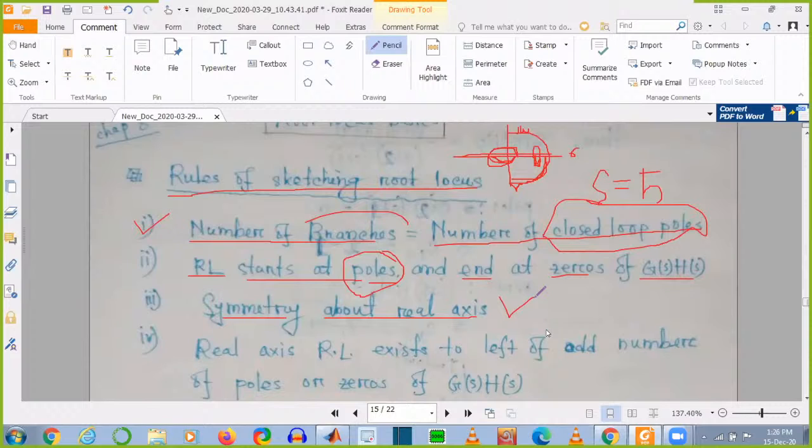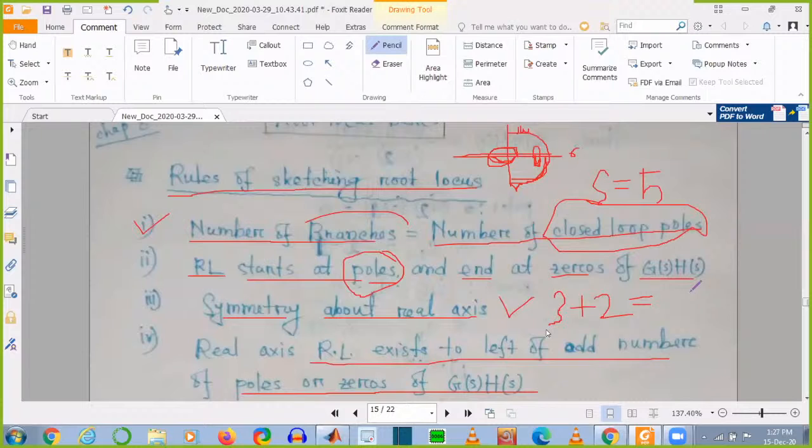Now step number 4: the real axis root locus exists to the left of an odd number of poles and zeros. That means, suppose we have 3 poles plus 2 zeros, so in total 5 poles and zeros.